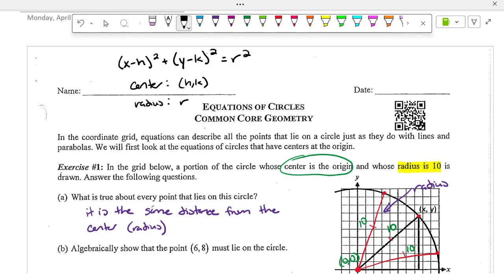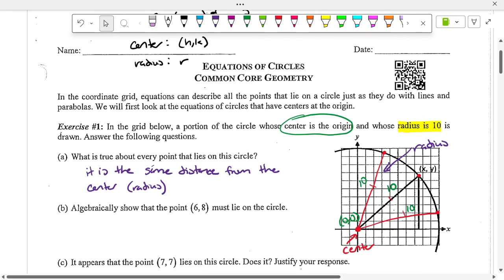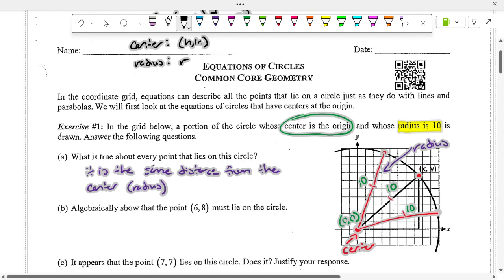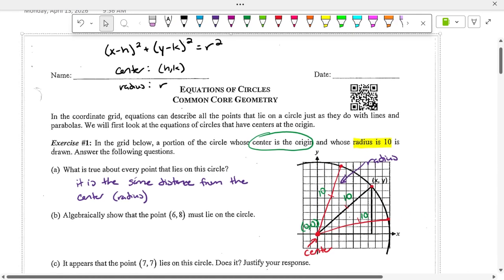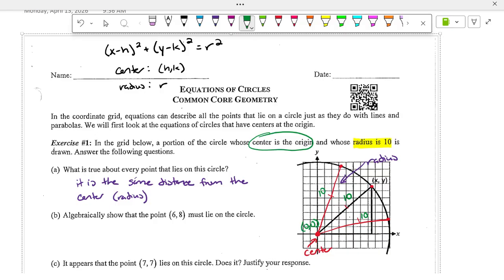So knowing that, let's write the equation that will make this circle. It's really just a plug and chug. What am I going to plug in for both h and k? What's my center of the circle? 0 and 0. So this would be (x minus 0) squared plus (y minus 0) squared.